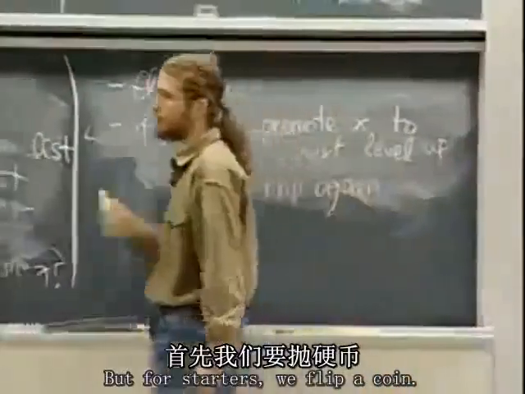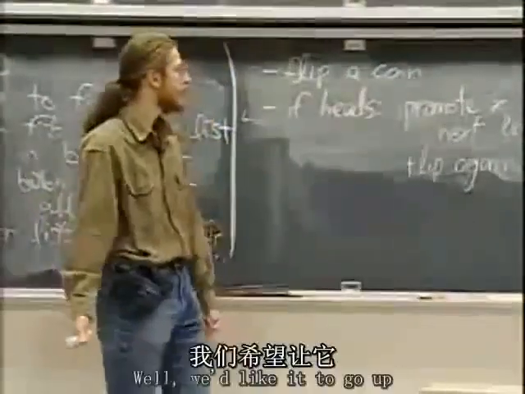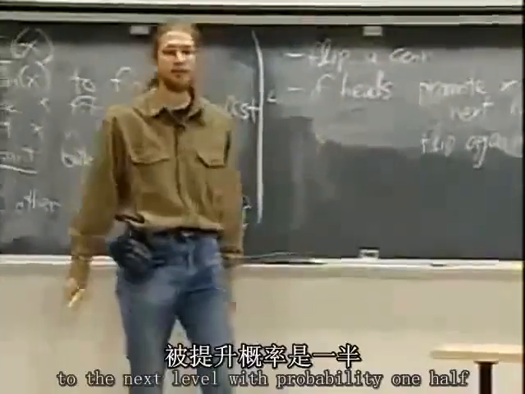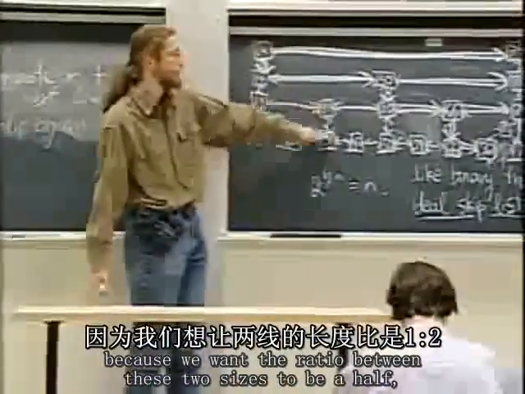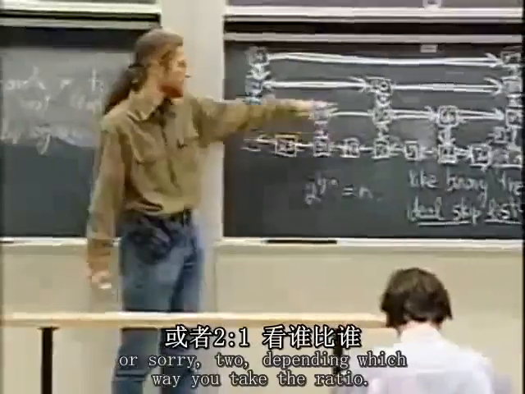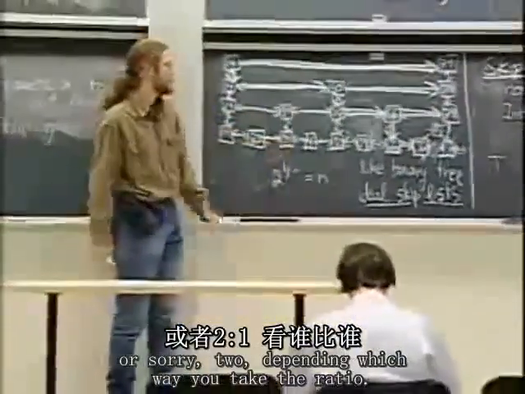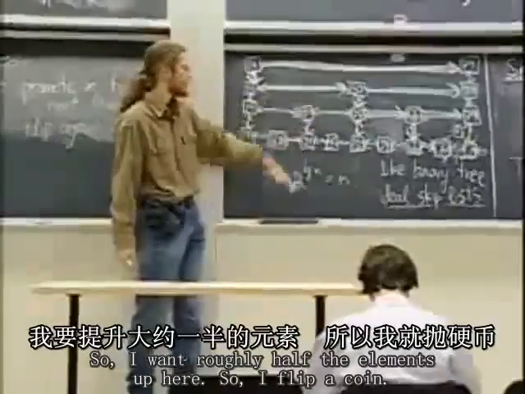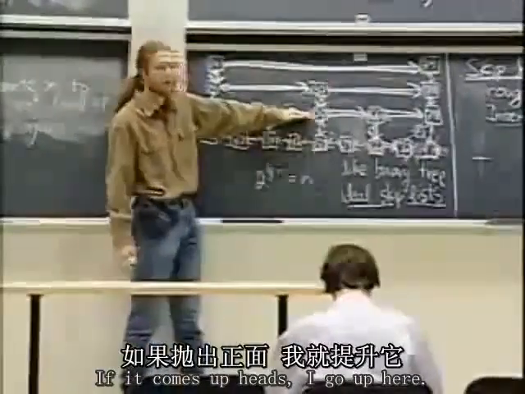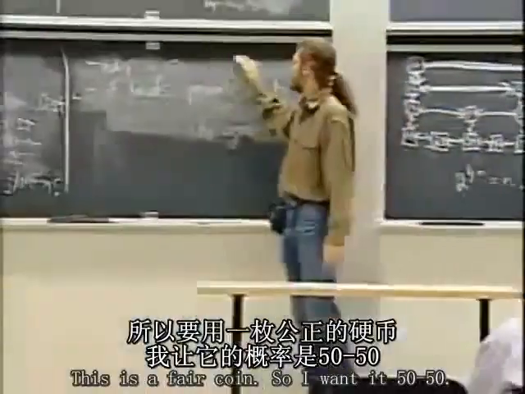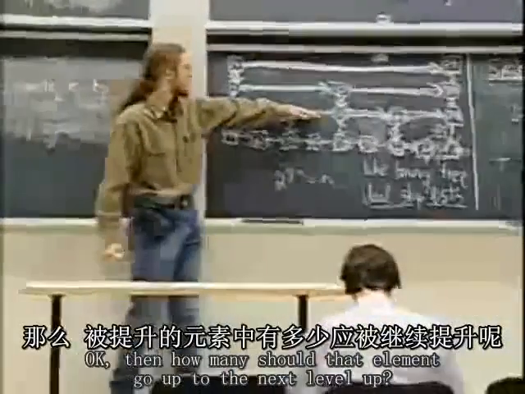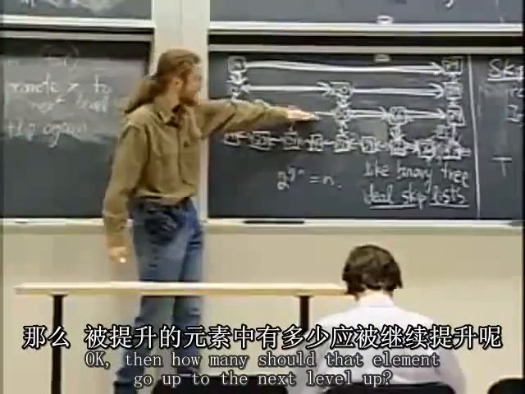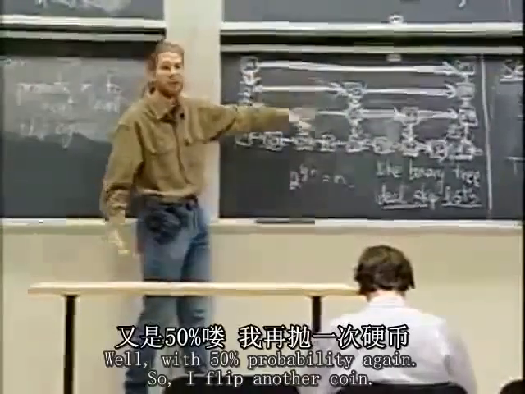But for starters, we flip a coin. Does it go up to the next level? Well, we'd like it to go up to the next level with probability 1/2, because we want the ratio between these two sizes to be 2, or 1/2, depending which way you take the ratio. So I want roughly half the elements up here. So I flip a coin. If it comes up heads, I go up here. This is a fair coin because I want it 50-50. Then how many levels should that element go up? Well, with 50% probability again.